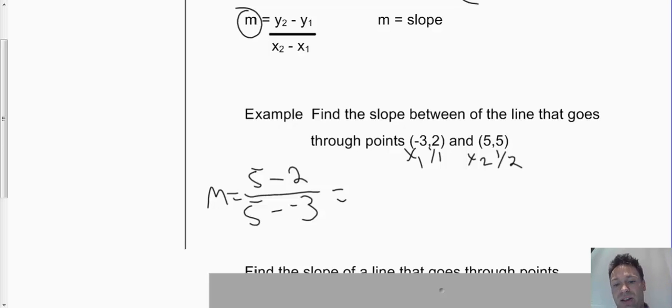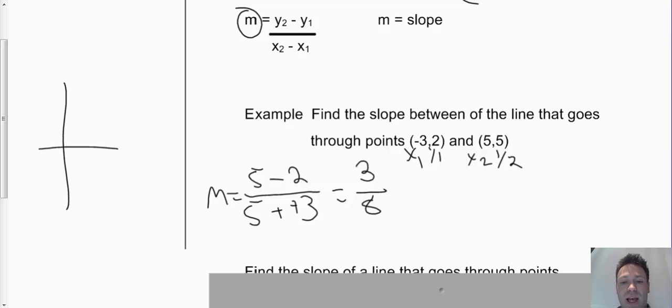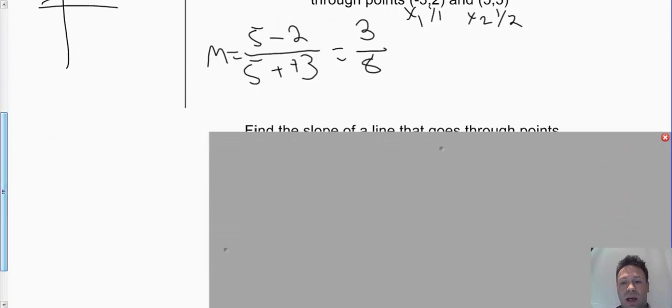So I got 5 minus 2, which is 3, over 5 plus 3, which is 8. So I have a slope of 3/8, which means if I'm going to be on a graph, I would go up 1, 2, 3, right 1, 2, 3, 4, 5, 6, 7, 8, and that's a very rough drawing, but my slope would look something like that. Rise over run would be 3/8.